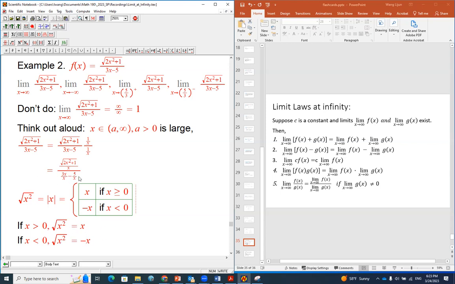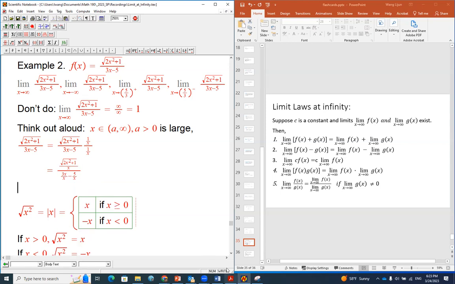Now in our current situation, x is in this interval, so x is large. When x is positive and large, x is the same as the square root of x squared.